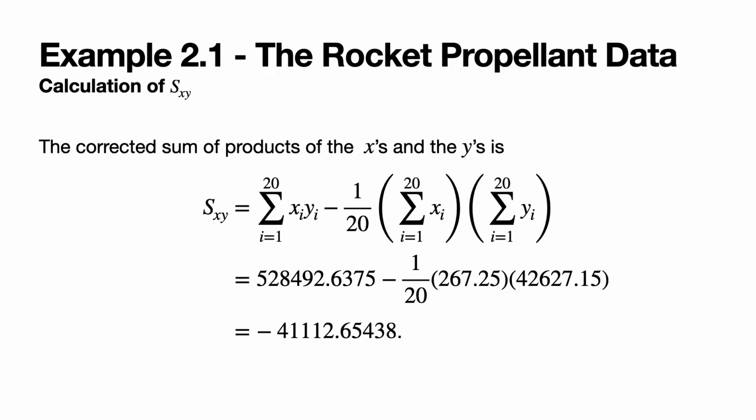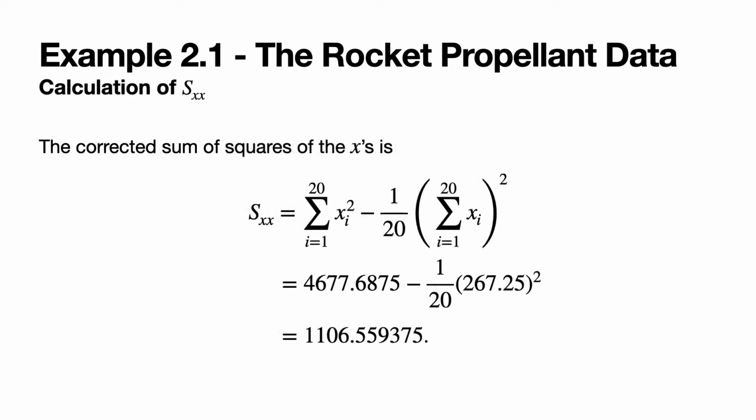For example, I'm using the TI-84 calculator. I could then calculate S sub xx, okay, and the calculation is shown here. And so again, plugging the needed summary statistics into this formula, we see that the corrected sum of squares of the x's is 1,106.559375.